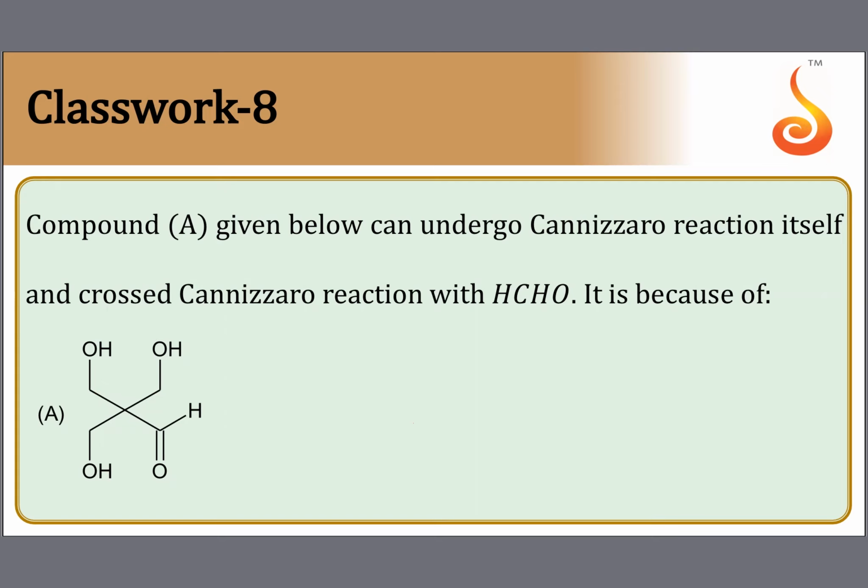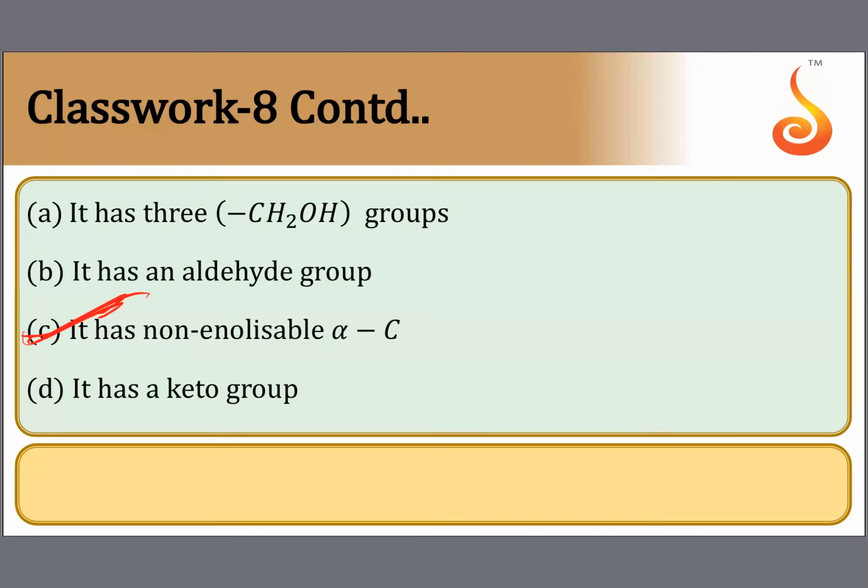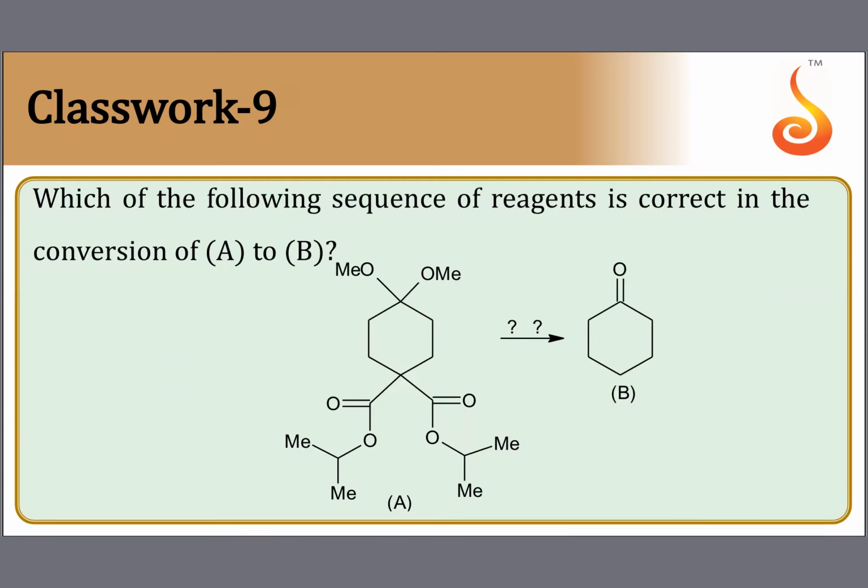So the reason they are asking, that's why the answer is C. You may think B is also correct, A is also correct, but they are asking the reason. Reason is this one: why it undergoes self-Cannizzaro reaction and cross-Cannizzaro reaction. Okay. Right, now next one. Which of the following sequence of reagents is correct in the conversion of A to B?